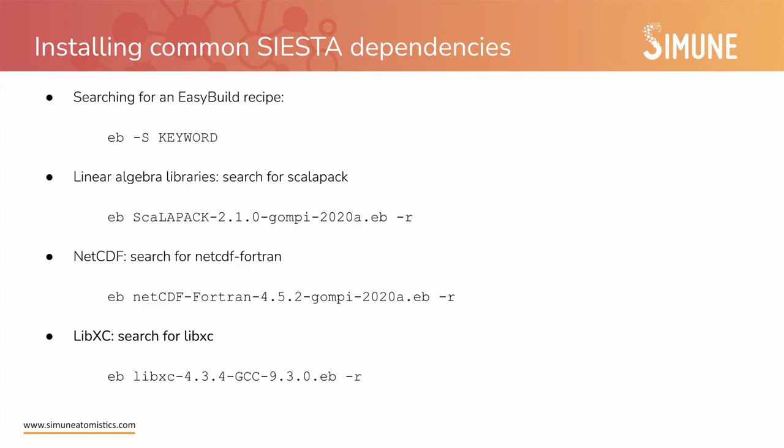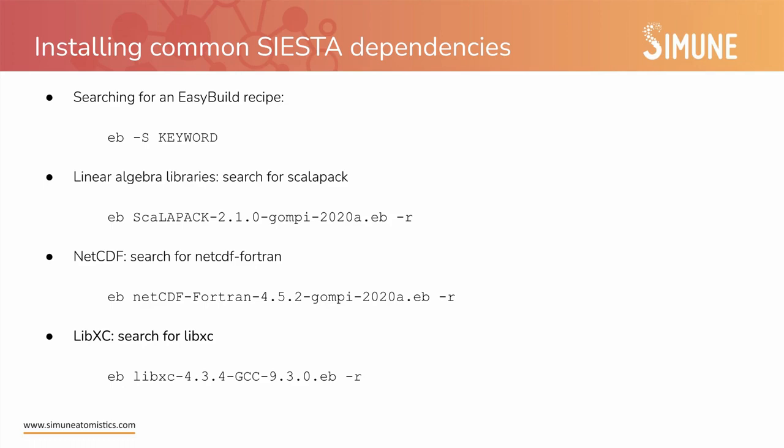Once you have a toolchain, you can now install common SIESTA dependencies. One is the linear algebra libraries, and if you don't know which recipe to install, you can search for it with eb -s and a keyword, and you will find the different packages you need.